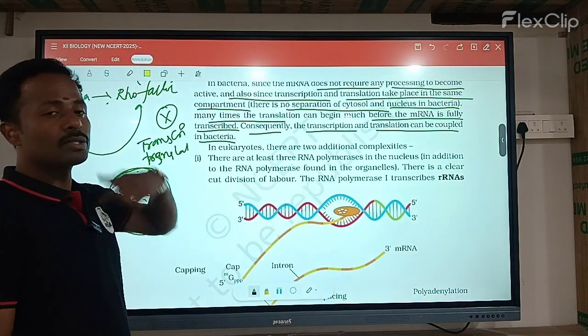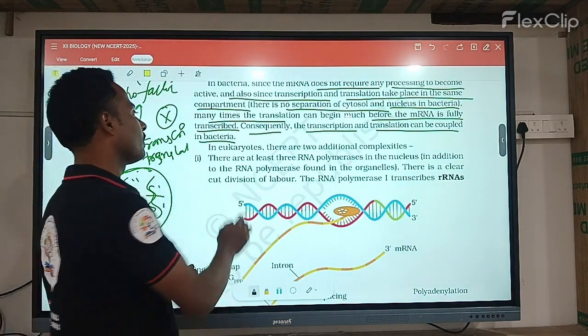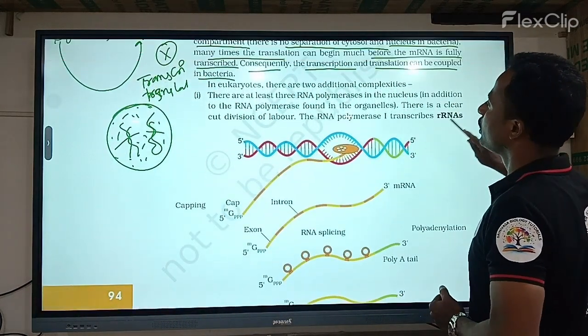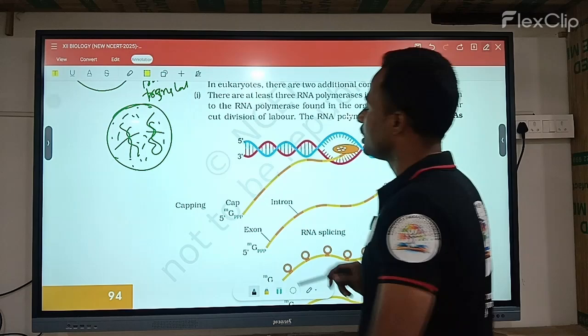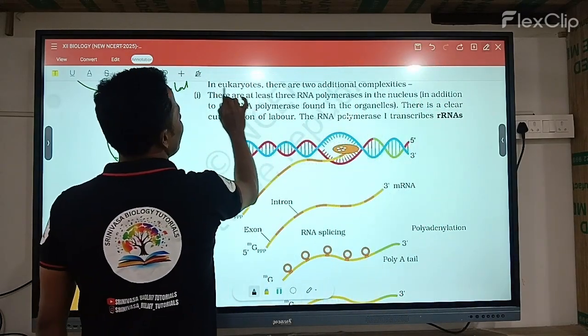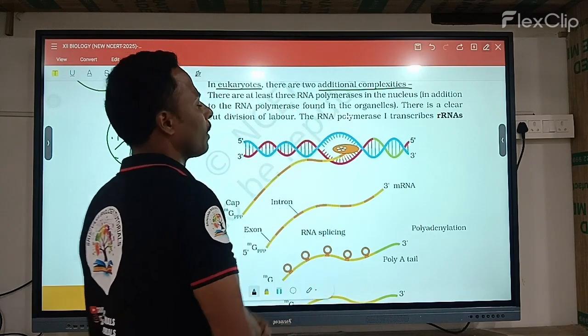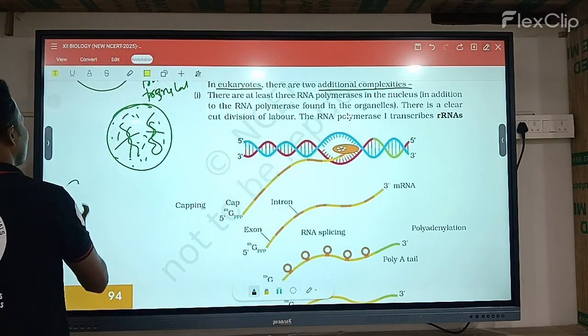But when you compare with eukaryotes, it is not like that. Why? Mostly in eukaryotes there are two types of additional complexities present.